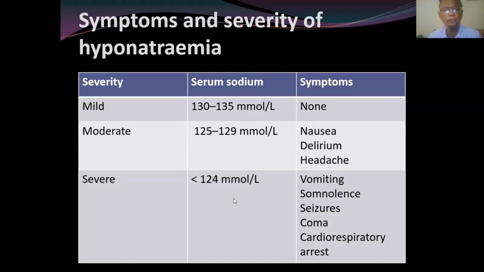And in case of severe hyponatremia, when sodium concentration is less than 124 millimole per liter, there is vomiting, the patient is drowsy, there may be seizure, coma, and there may be cardiorespiratory arrest. And in the ICU setting, you will frequently find such hyponatremia, even less than 120, 110 millimole per liter can occur in case of severe hyponatremia.